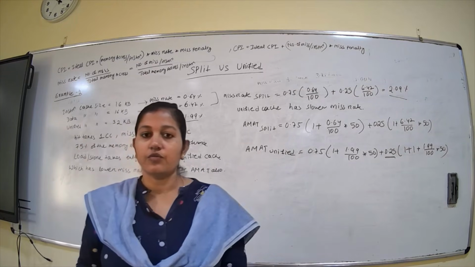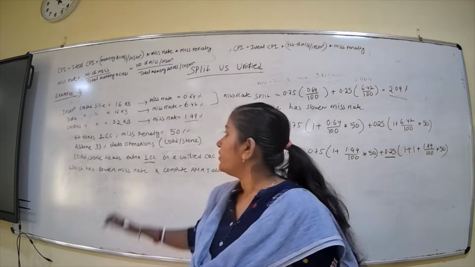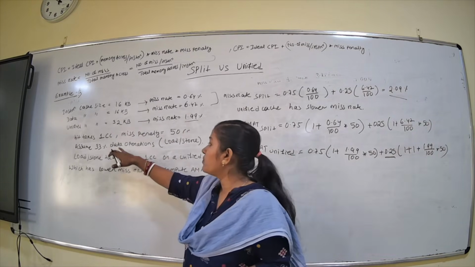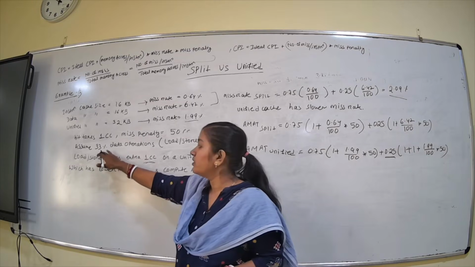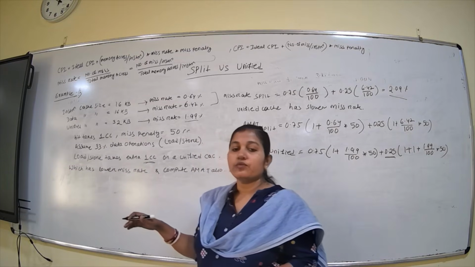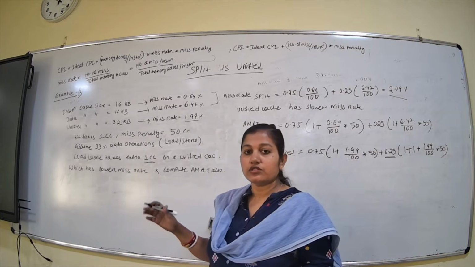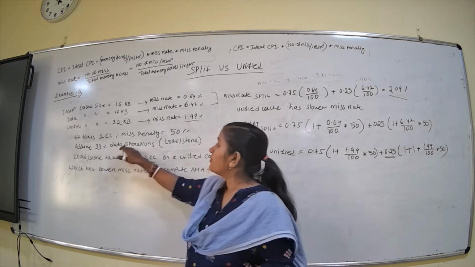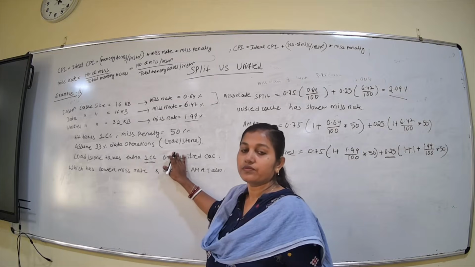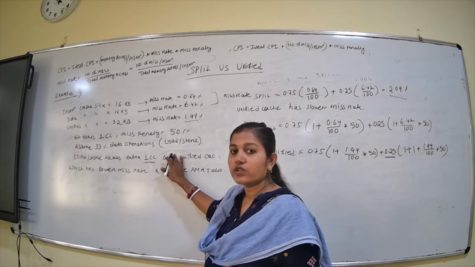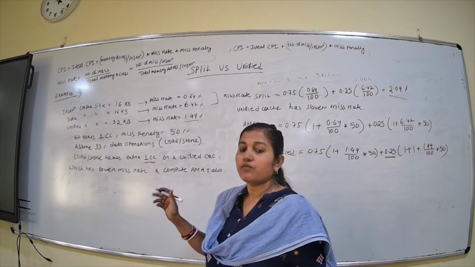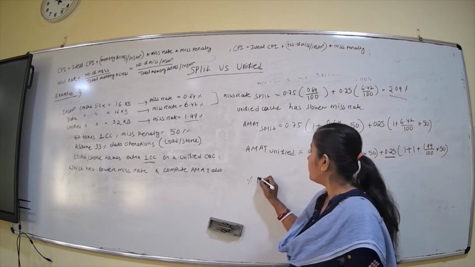Now the third example. Example 3 is the same as example 2, only one line is changed. In that, the percentage of memory accesses that are instruction references was given as 75. Here it is given that 33% of data operations are load and store. So what I have said, if the percentage of instructions is not given explicitly, how will you find out?